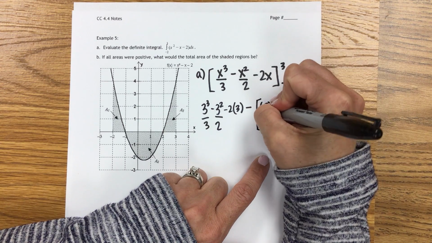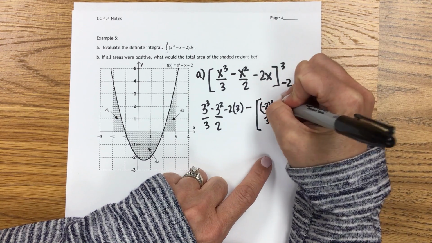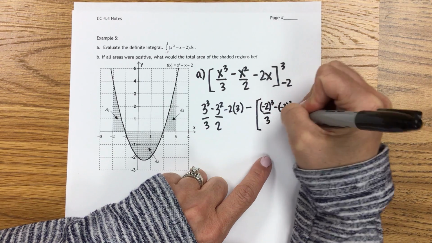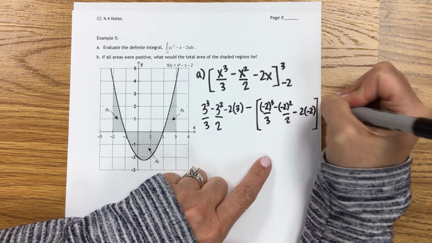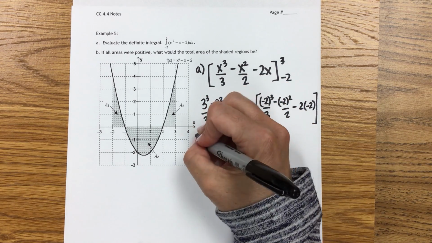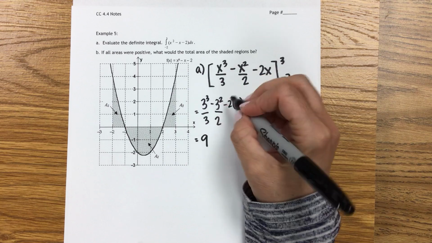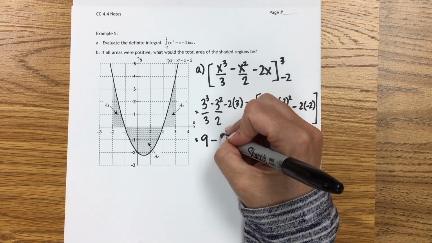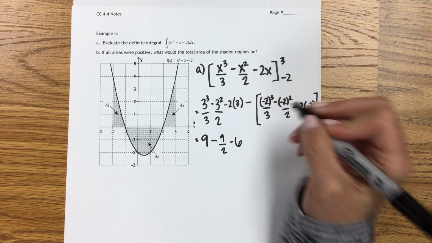So I'll have -2 cubed over 3 minus -2 squared over 2 minus 2 times -2. And 3 cubed is 27. 27 divided by 3 is 9. Minus 9 halves minus 6.